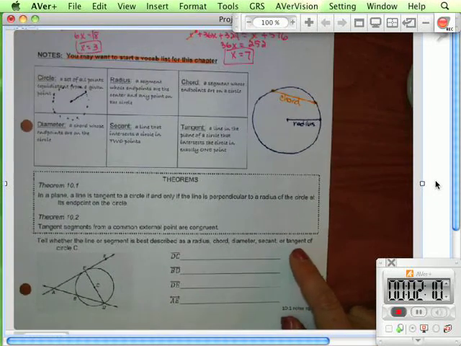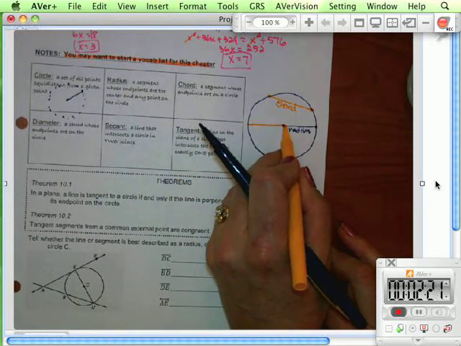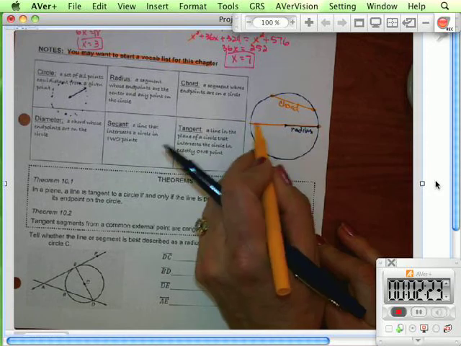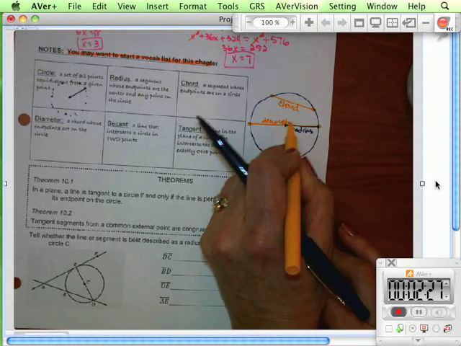A diameter fits the definition of a chord. It is a chord whose endpoints are on the circle. So if you extended this radius, that's a diameter, and that also could be called a chord because its endpoints are on the circle.